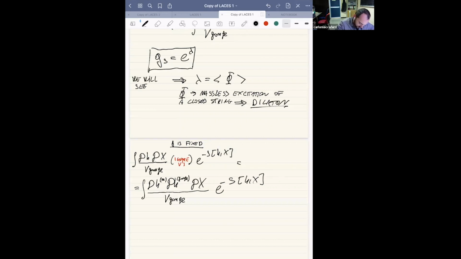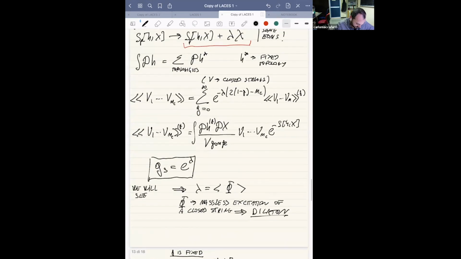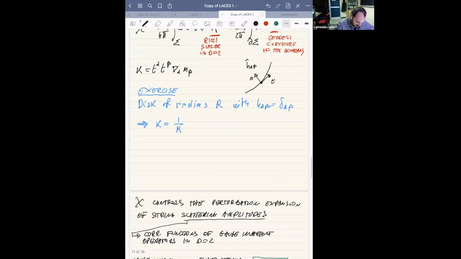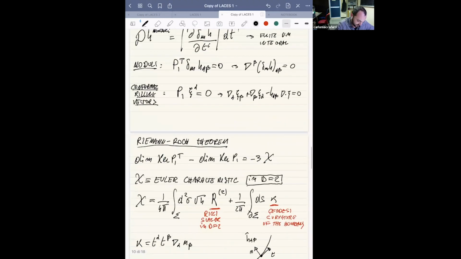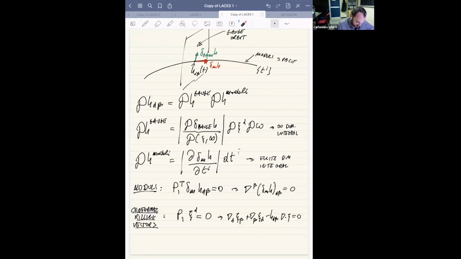Okay, so now essentially I just have to do seriously this change of variables that we discussed here. So here we have already seen what these changes of variables are. Now I have to plug these two equations inside the path integral.